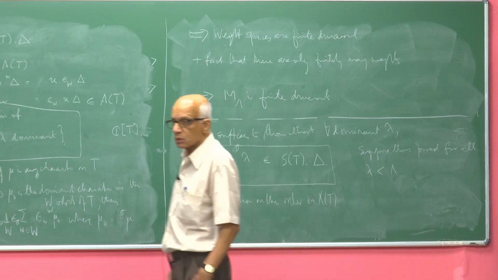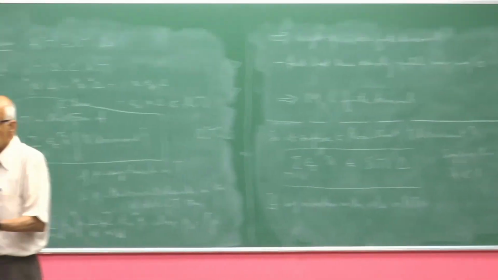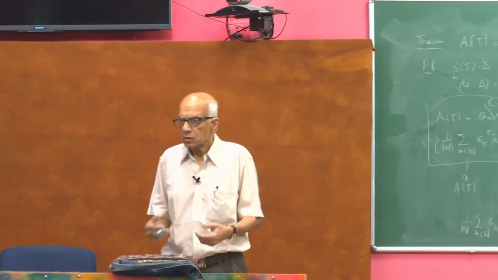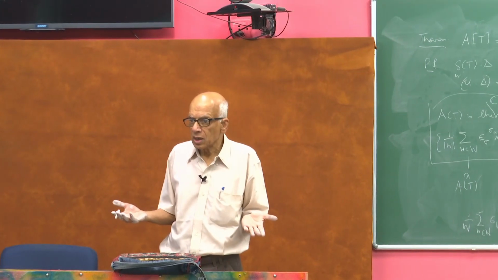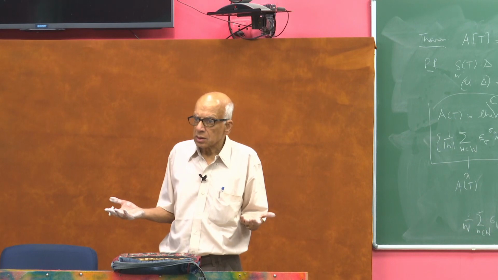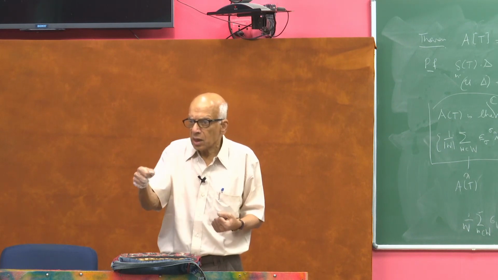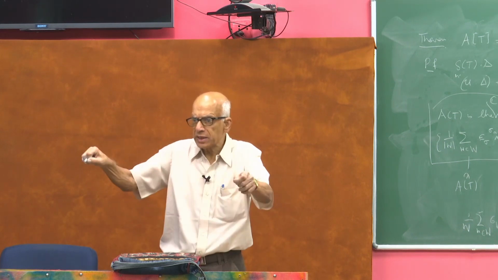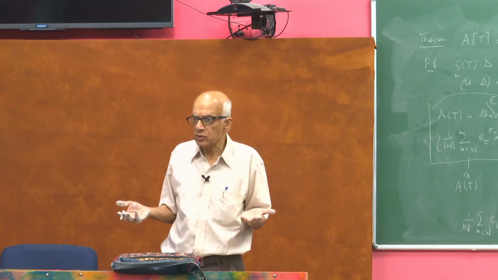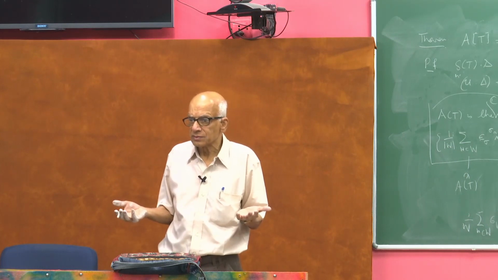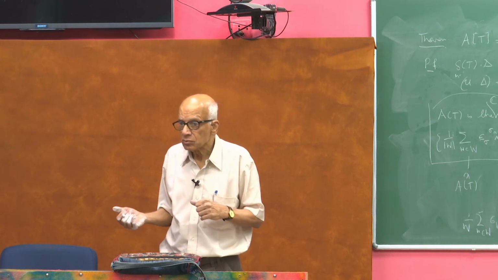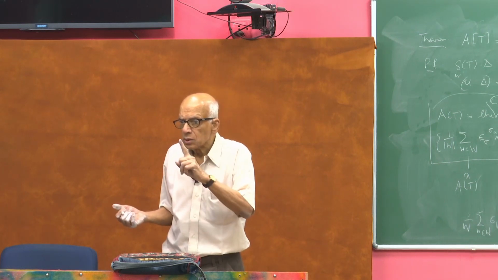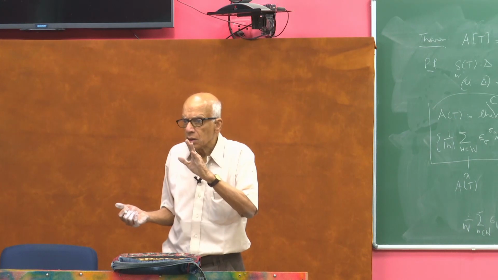Total order? There's a total order. On the linear forms, I introduce a total order, and alpha is less than beta. If you fix a basis, this is the lexicographic order which you introduced. So it is not by the earlier relation, sum of ki alpha i where ki are positive.